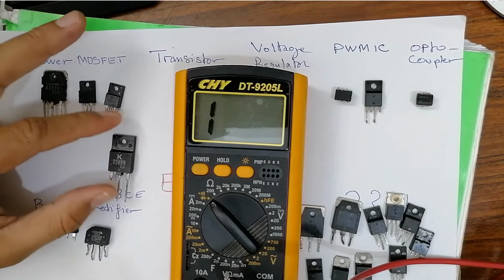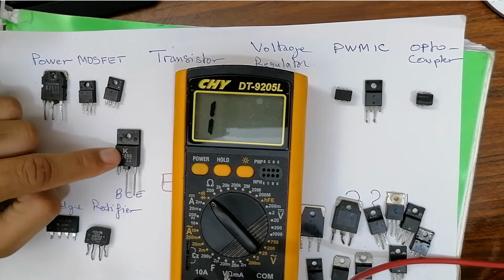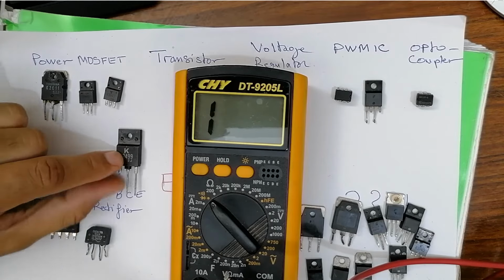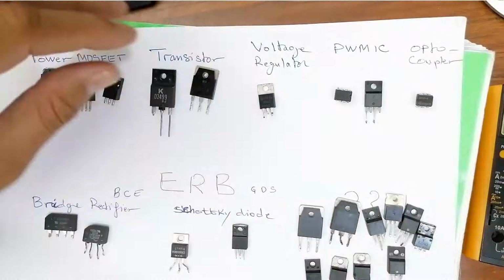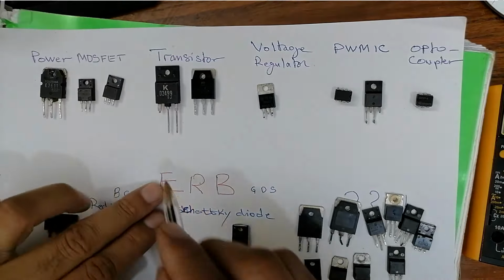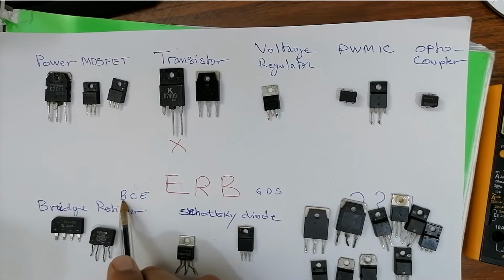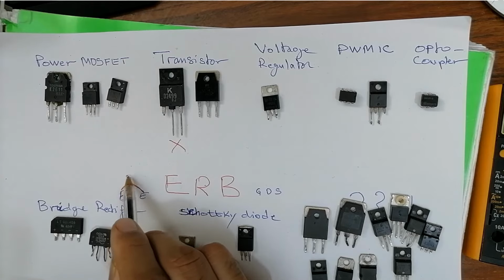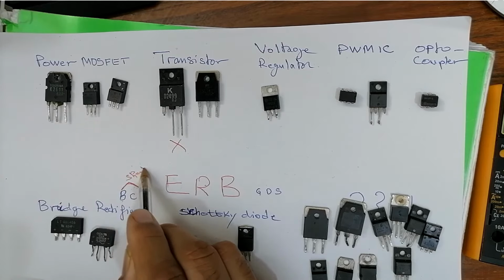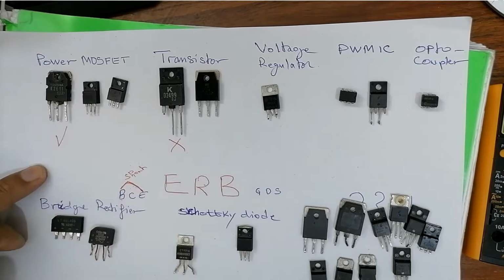This is a transistor, but unfortunately this transistor is a bad one, because we get a short circuit between base and emitter. So this one is a bad one. This is a good one.